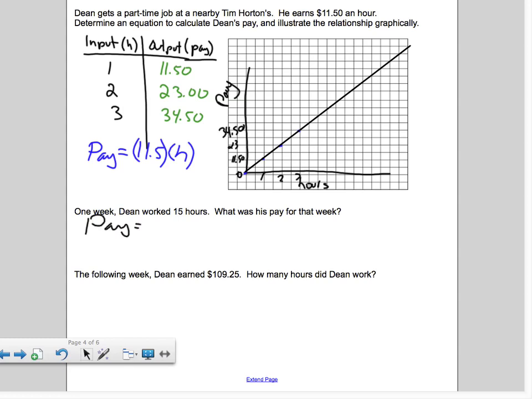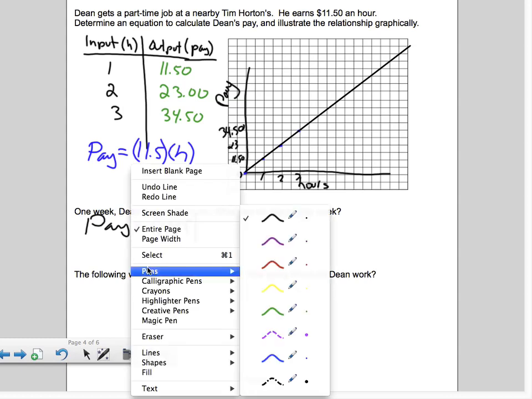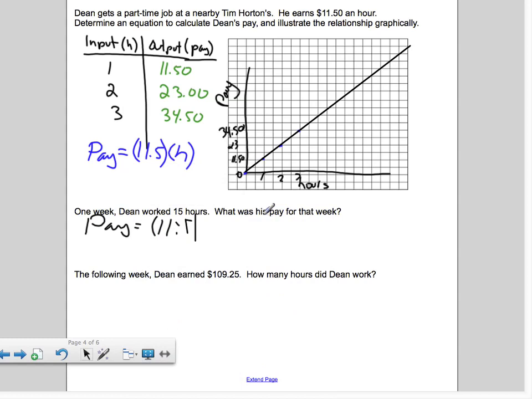So pay is equal to 11.50, because that was his hourly rate, times 15.